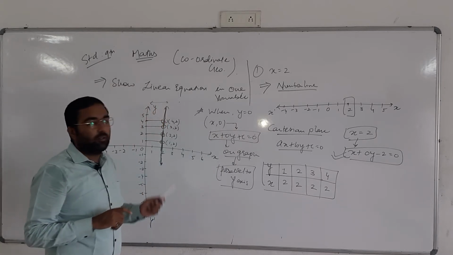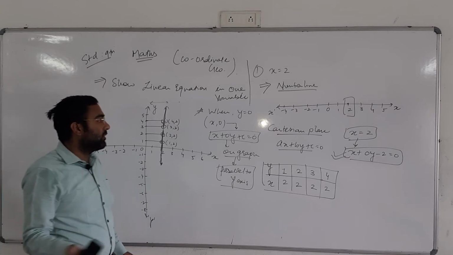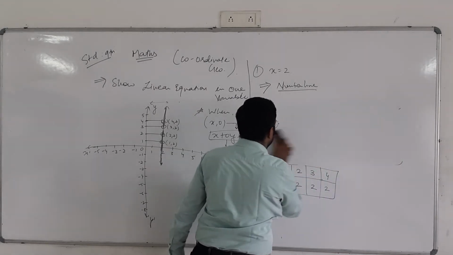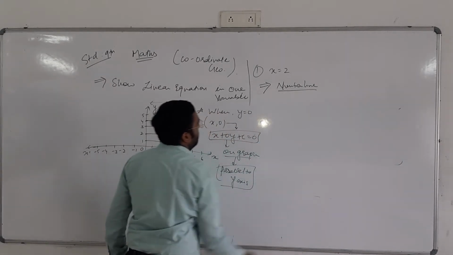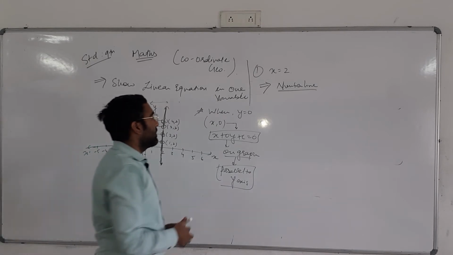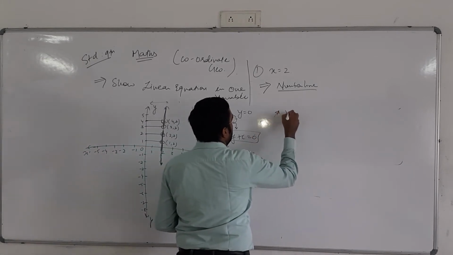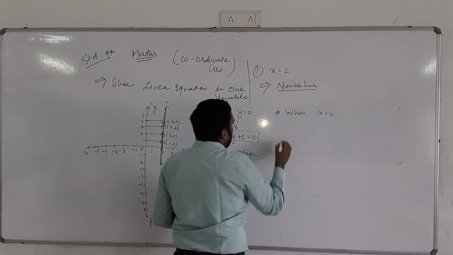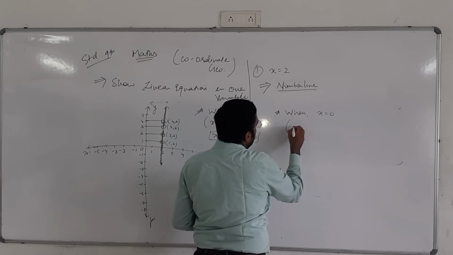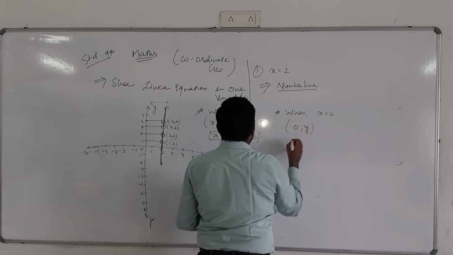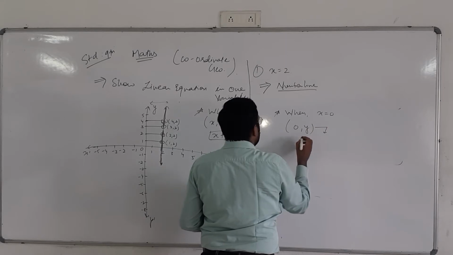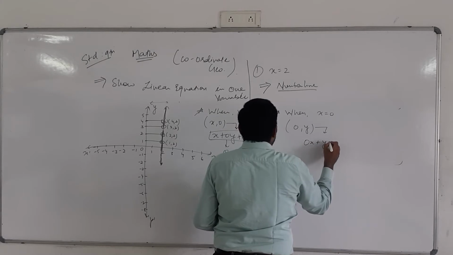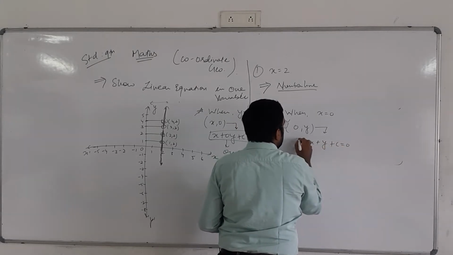And for the x you also write the same. When x equal to 0, then your points will be 0 comma y. So as per these points, your standard equation is 0x plus y plus c equal to 0.